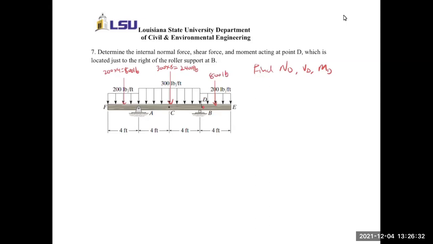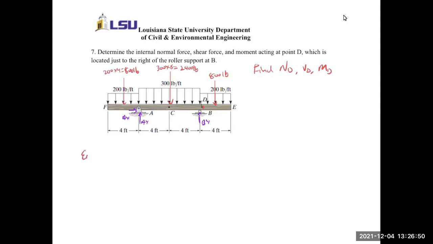Okay, so as you can see in the problem right here, there are 3 reactions with 3 unknowns. We don't know what AY is, we don't know what AX is, and we don't know what BY is. What we can do at this point is take a moment about A, because that has the most unknowns.